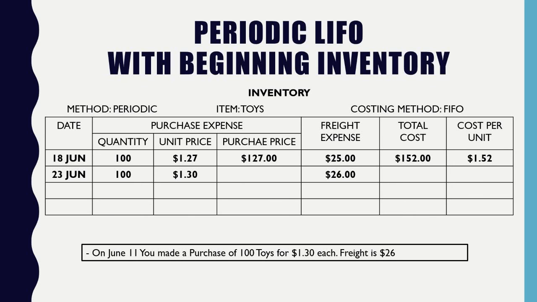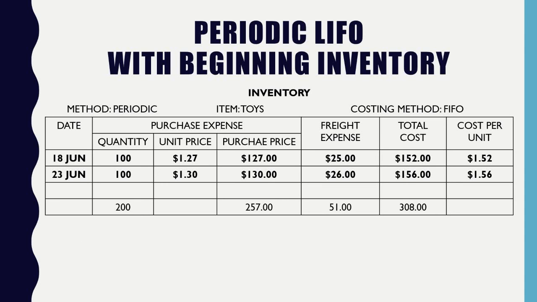Then we introduce our second batch, which we bought another 100 toys for $130. So that gives us 130 plus 26, 156. And that's going to give us $1.56 each. Again, we're going to recalculate the total before we do the second part of our worksheet.